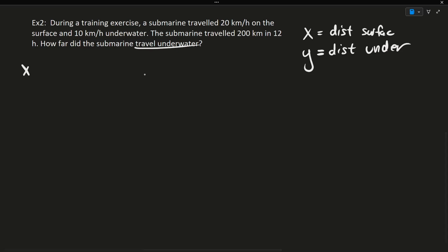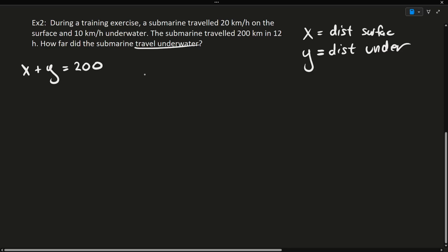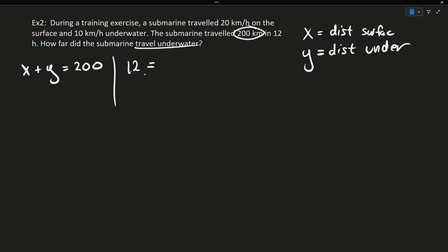We know that x plus y is 200. They tell us that here. And we also know that the time traveled is 12, and that equals the time traveled, but we don't know how much time they traveled for each one.